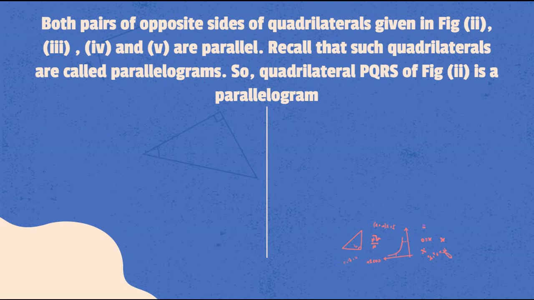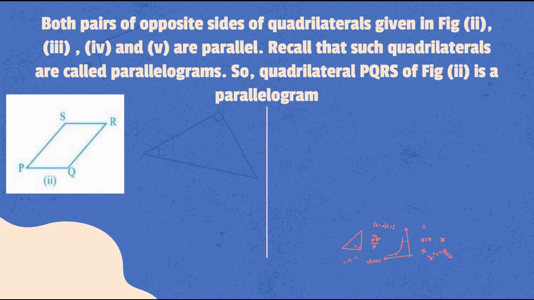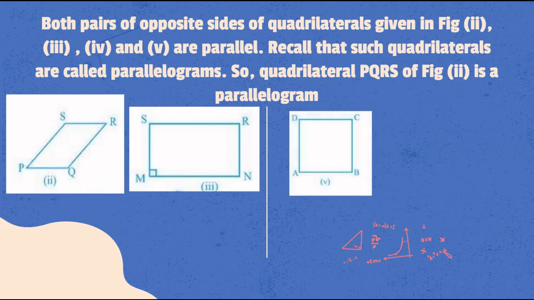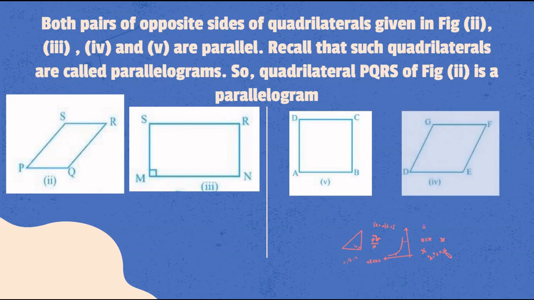And then both pairs of opposite sides of the quadrilaterals given in figures 2, 3, 4 and 5 are parallel. So recall that such quadrilaterals are called parallelograms. So quadrilateral PQRS of figure 2, the first one, is a parallelogram.